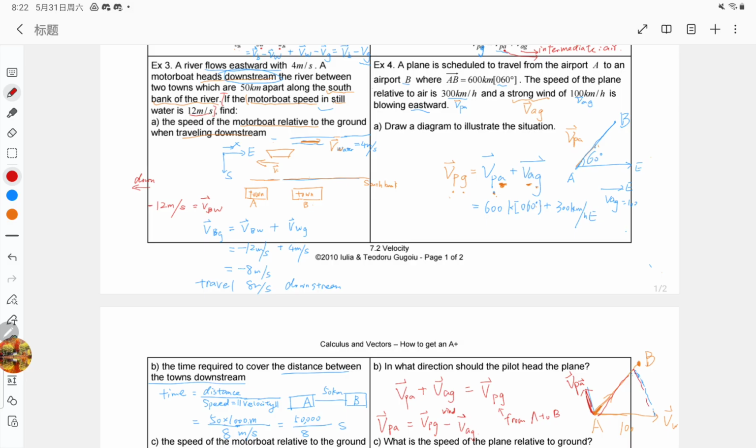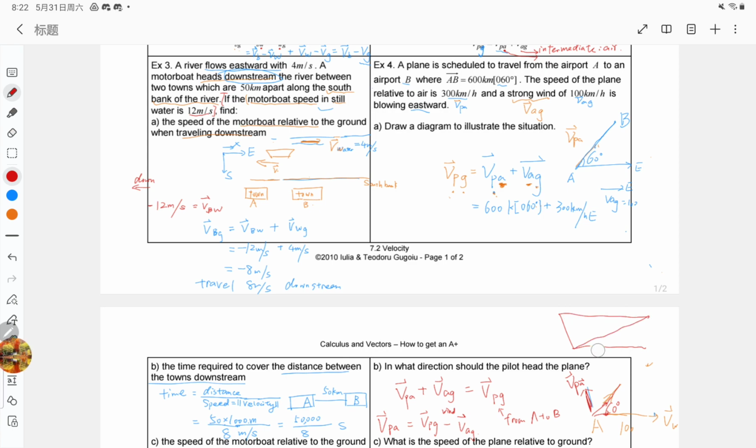The resultant triangle should have a 60 degree angle, right? It should have a 60 degree. So it should look like this.